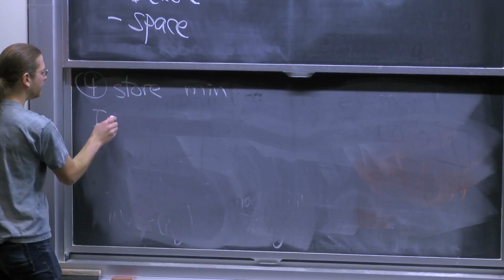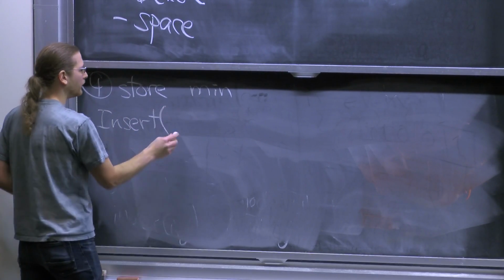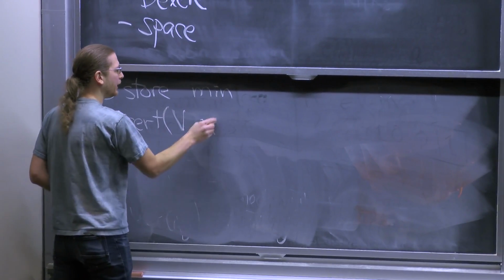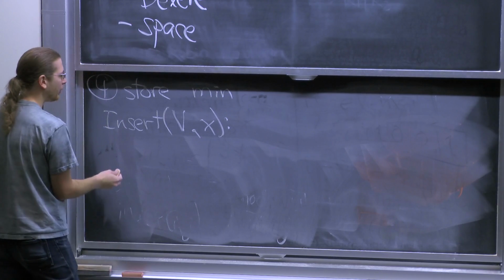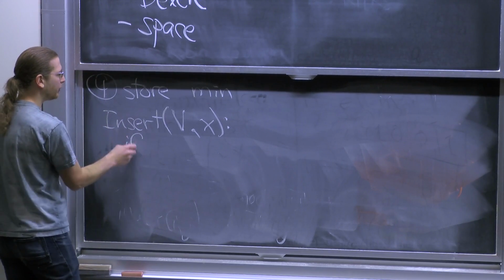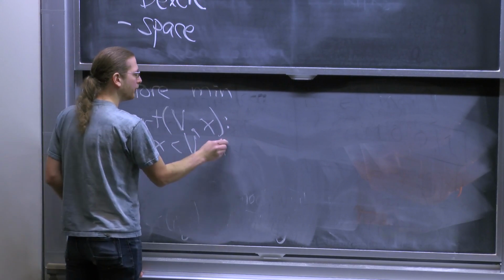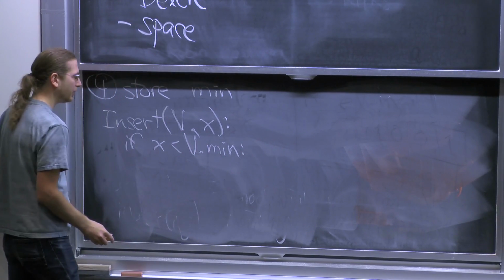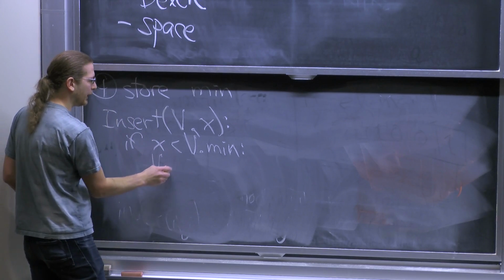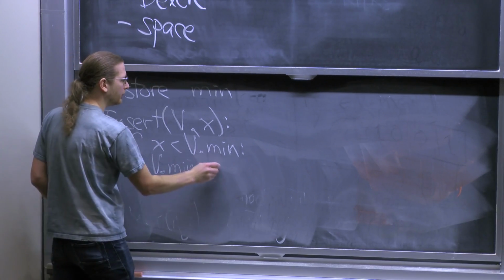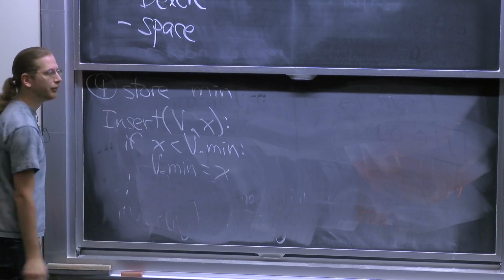So to do an insert into structure V, item x, first thing we'll do is just say, let's see if x is the new minimum. Maybe x is smaller than v.min. If that's the case, let's just set v.min to x. Okay, and then the rest is the same.